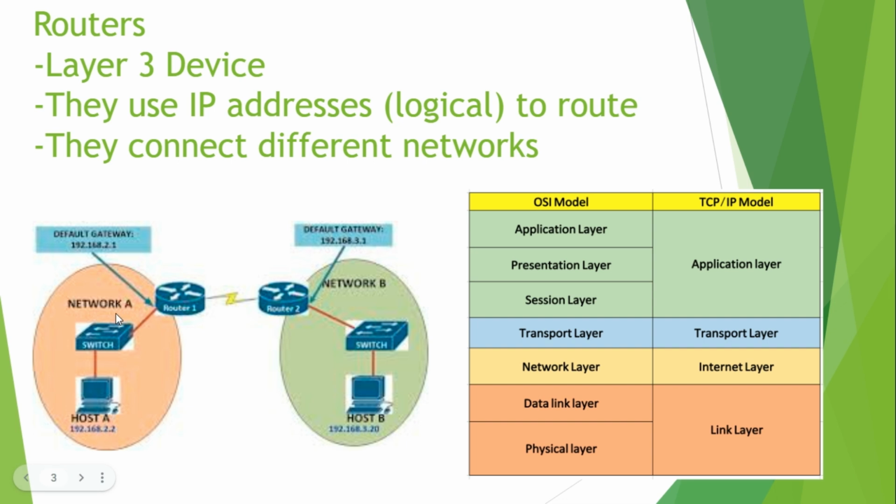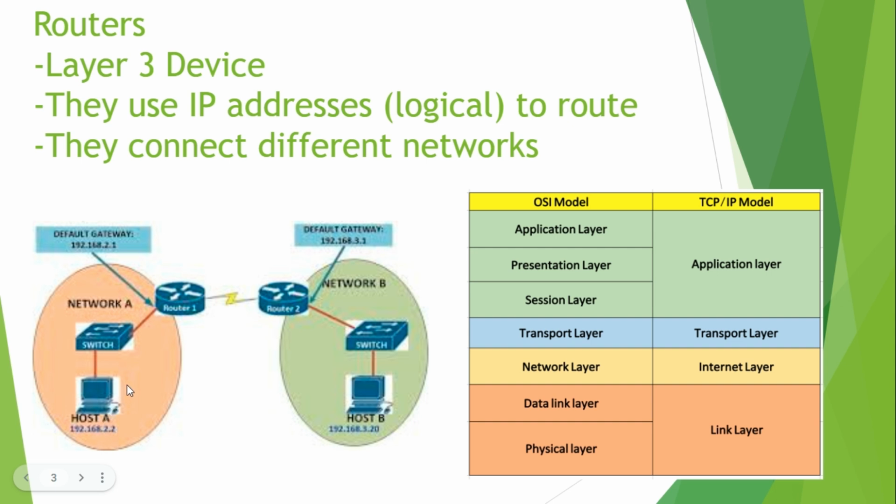In order for A to communicate with B, you need a router. That's dealing with layer 3, and that deals with a logical IP address, which means you can technically change it. I know it's blurry, but it's 192.168.2.2. You can change this address, no problem, because it's just logical. It's just an idea. You can configure this IP address to almost whatever you want, so to speak.